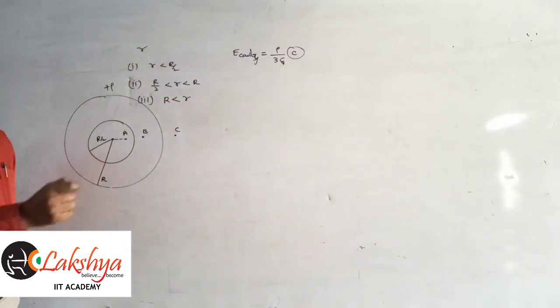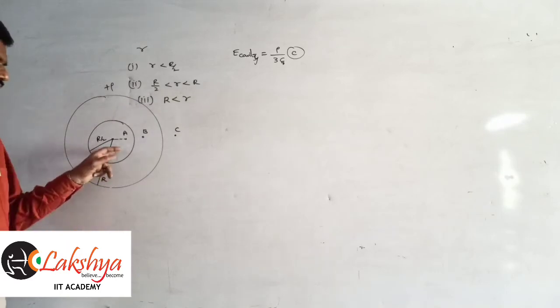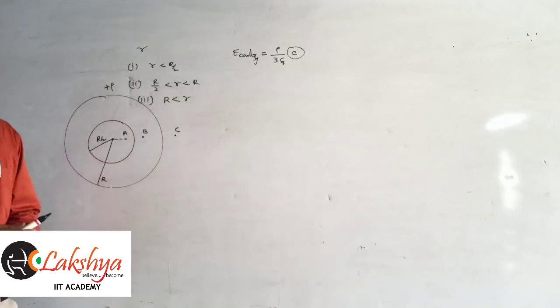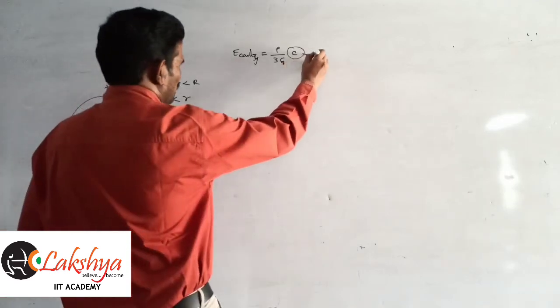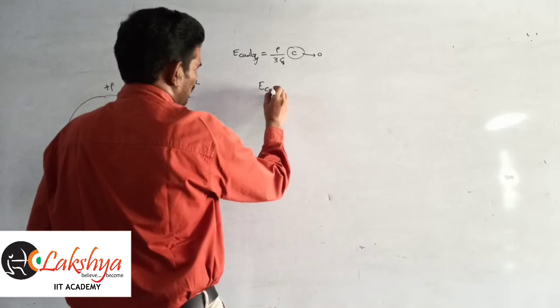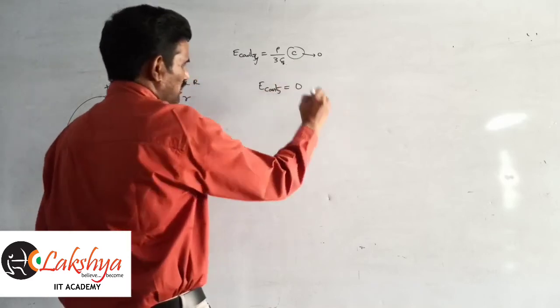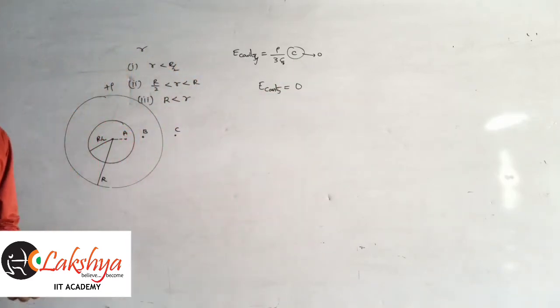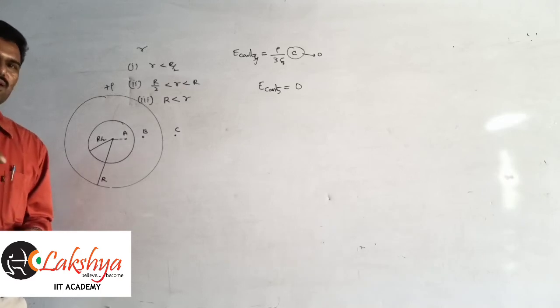Now in this problem the distance is 0, this value is 0, so that the intensity of electric field inside this cavity will be 0, right? Got it? That means there is no electric field at any point here. So if the cavity is concentric, then electric field inside this cavity will be 0.